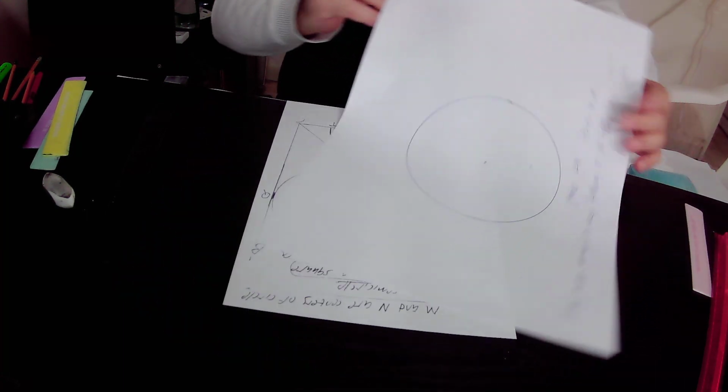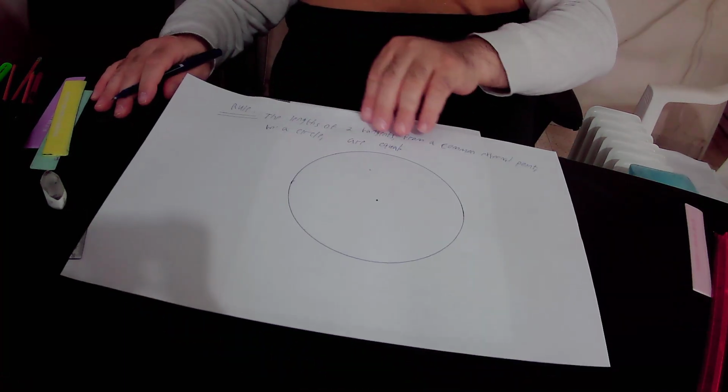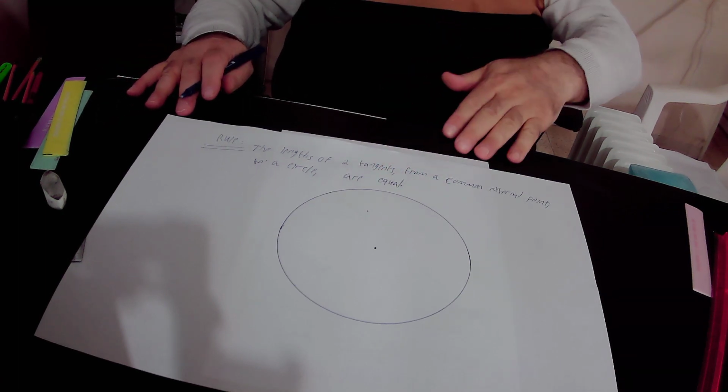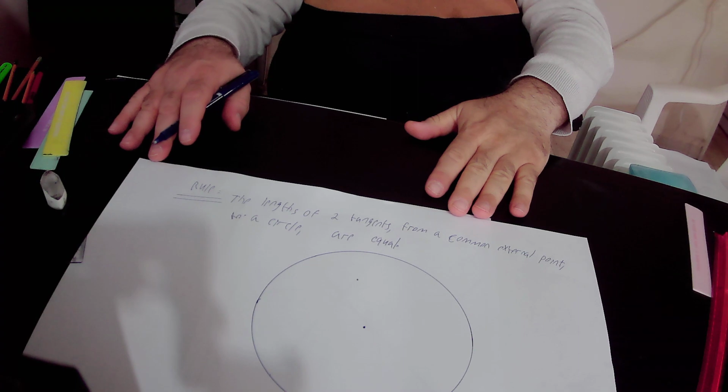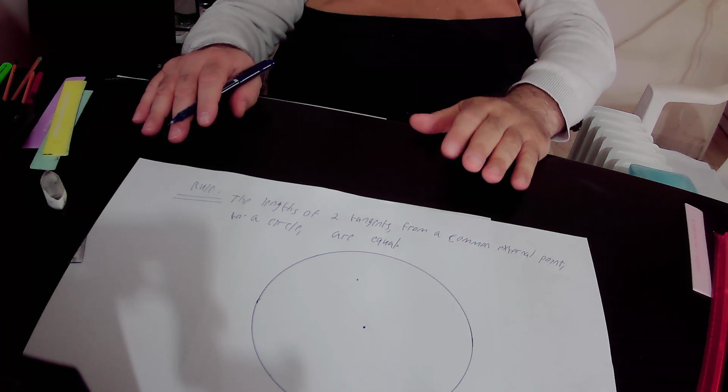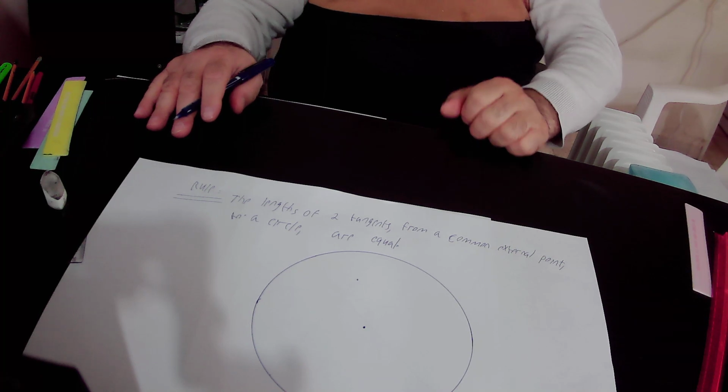I will read rule number 1 again. According to rule number 1, the lengths of two tangents from a common external point to a circle are equal.